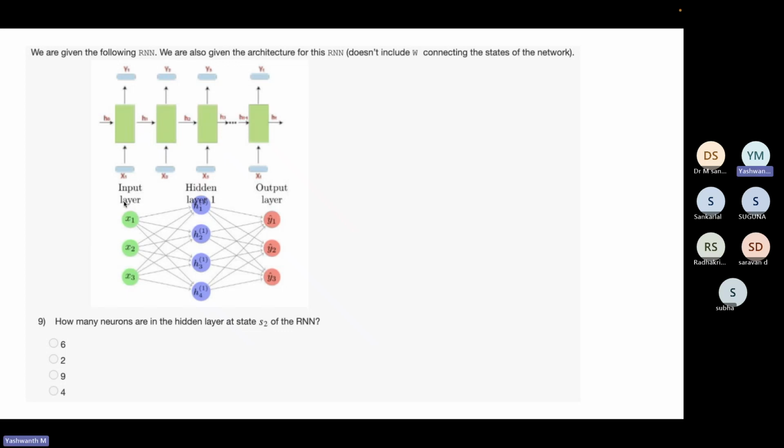This is a very, very simple question. What it is asking is: here my hidden layer size is 4, that is given. What is the hidden layer size here?